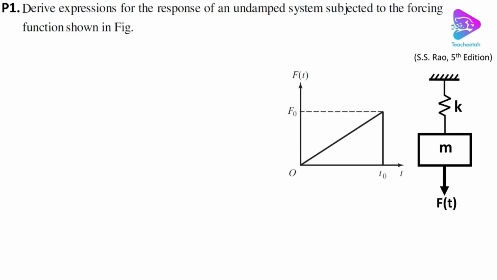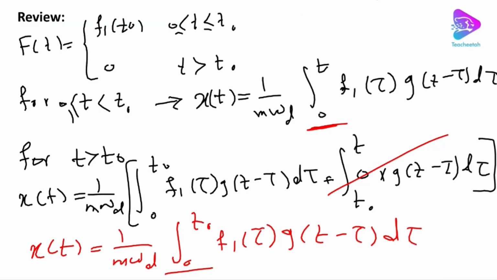So we want to use this method for this example, but before that, I want to say that if we have another component, say f2 from t naught to t1, and then 0 for t greater than t1, we have 3 parts.